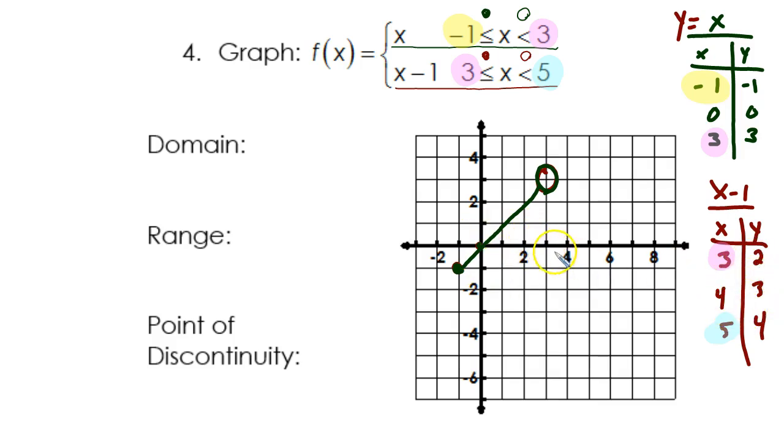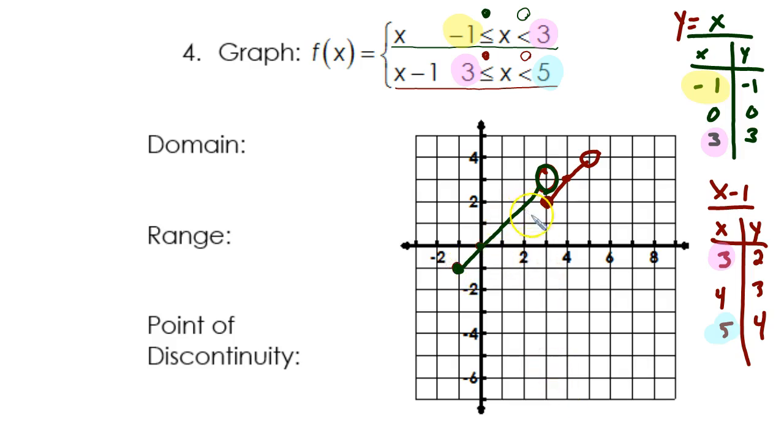So I get 3 points that I can graph for this part of the function. 3, 2 is right here, and it's a closed circle. 4, 3 is right here, along the way, just a little dot. And 5, 4: 1, 2, 3, 4. This is going to get an open circle because it's less than x equals 5. And I'll connect these dots through here to get something like this.